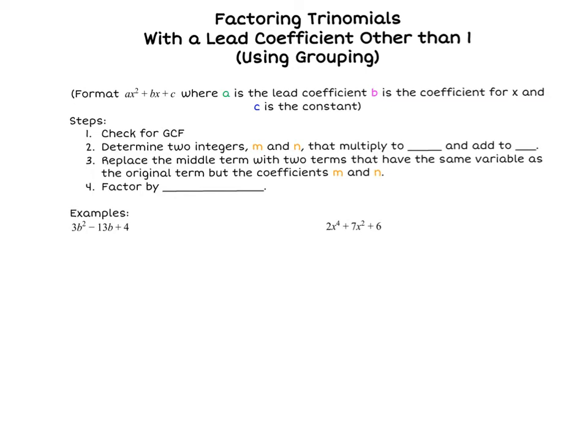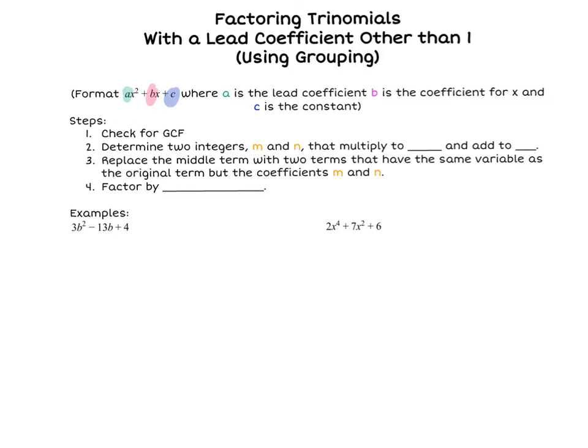The first thing you want to notice is that we're going to consider trinomials in this format, where a, b, and c are numbers, a is the lead coefficient, b is the coefficient for x, and c is our constant. The first step is to check for the greatest common factor and make sure your trinomials are in this format, that the terms are in the correct order.